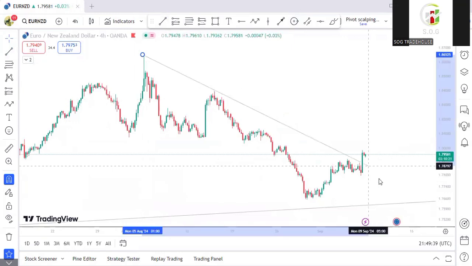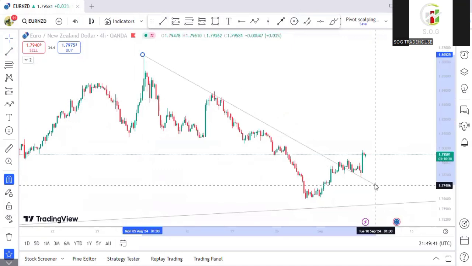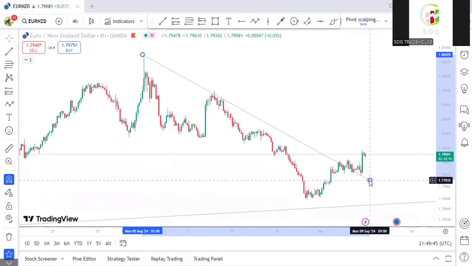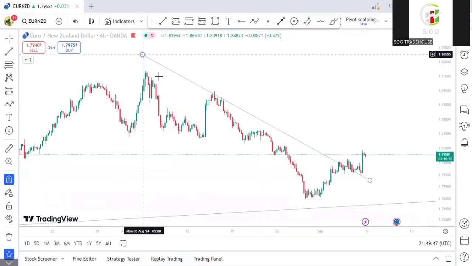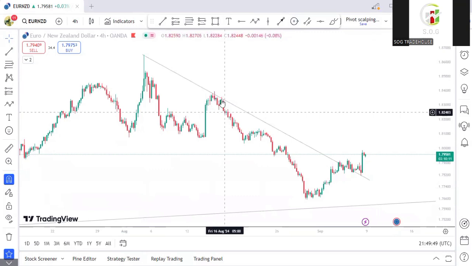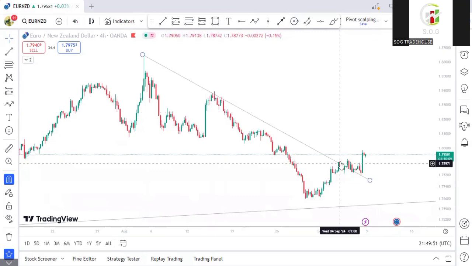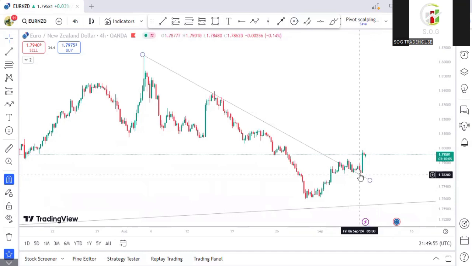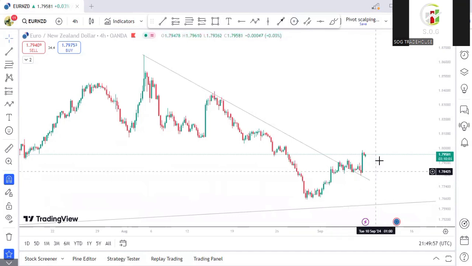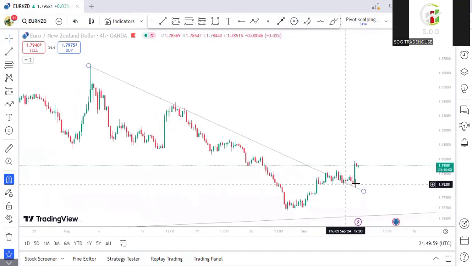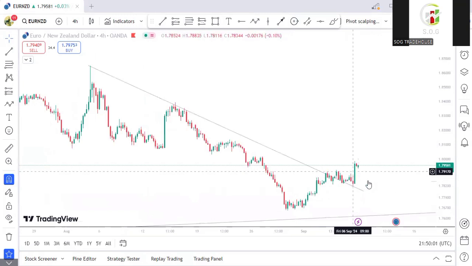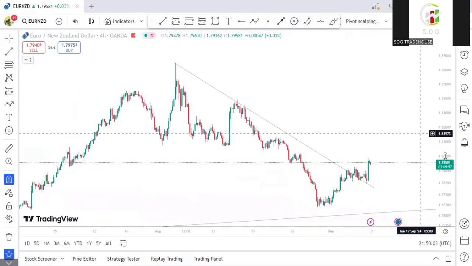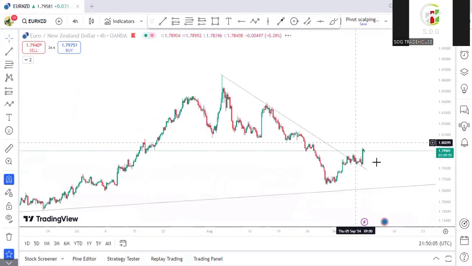Second touch. All right, so this is the first touch, second touch, third touch. You can see that there's a fourth touch, and the market broke, giving us a retest at this point. And as you can see, there's a very strong engulfing candle here indicating the continuation to the upside.